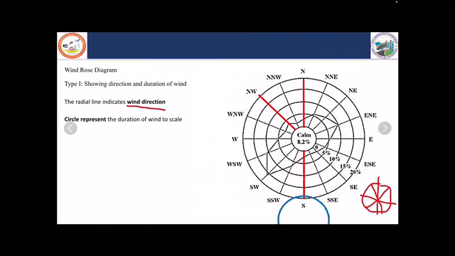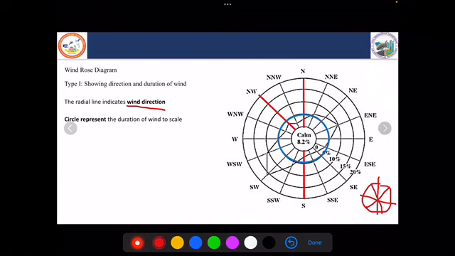The next component is the concentric circles. All these concentric circles represent the wind duration to some scale. The first concentric circle represents a wind duration of 0%. What is this wind duration?